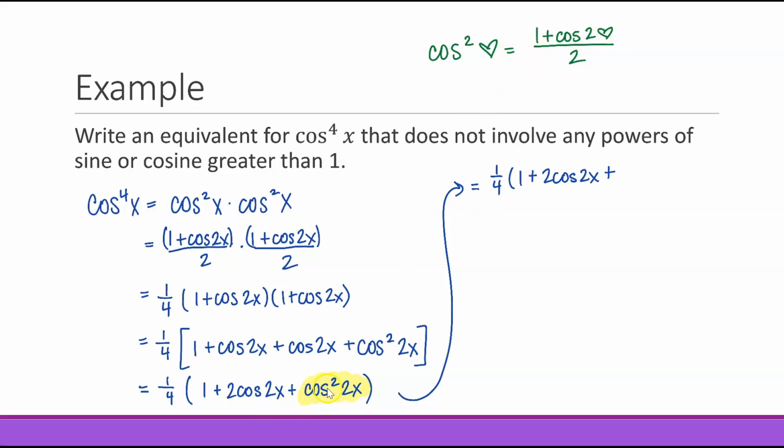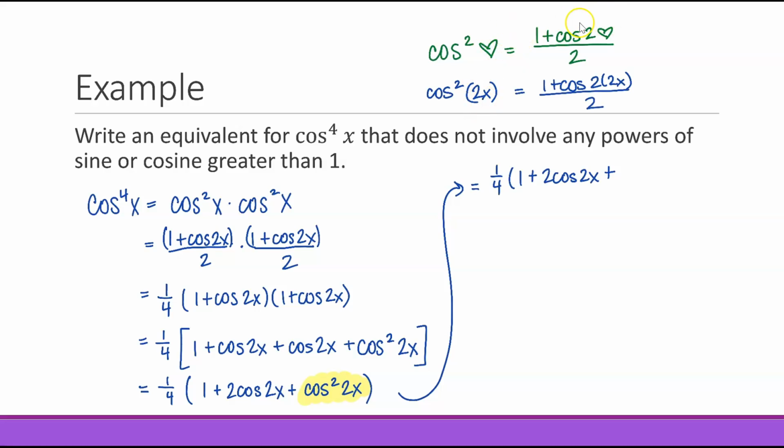So I want cosine squared 2x to get reduced. So 2x is going to replace that heart right there. So this is 1 plus cosine of 2 times 2x over 2.